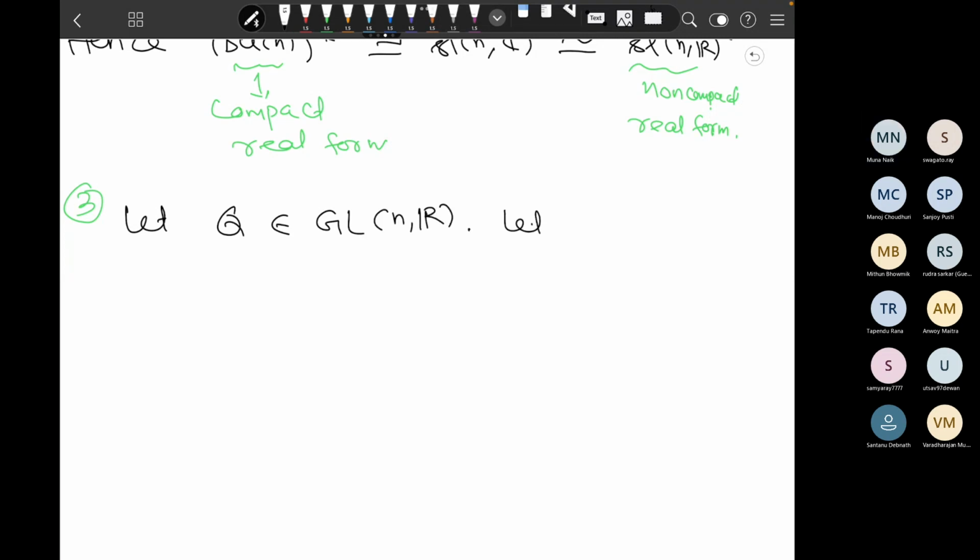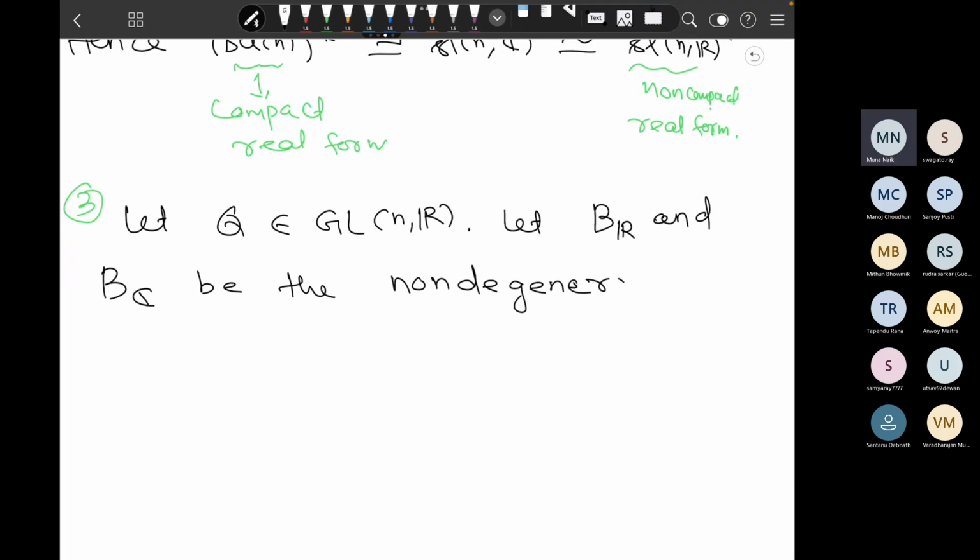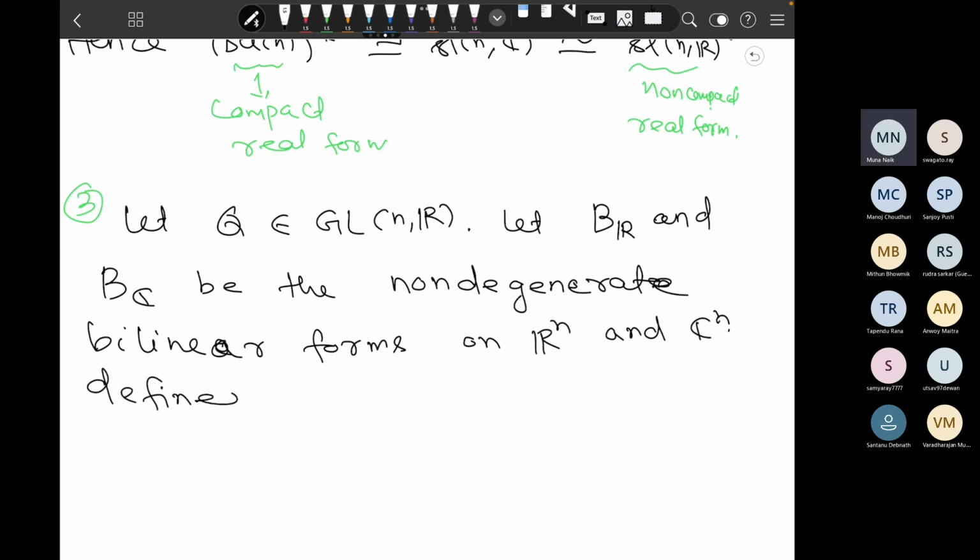Let BR and BC be the non-degenerate bilinear forms on Rn and Cn defined by Q. Note this is not the Killing form.